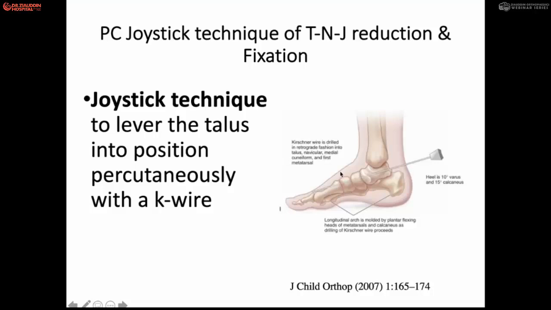In the joystick technique, after the mini incision, you reduce the talonavicular joint and pass a K-wire through the talus, and then use it as a joystick to plantar flex the talus and reduce the navicular, and then pass the talonavicular wire in an antegrade method.